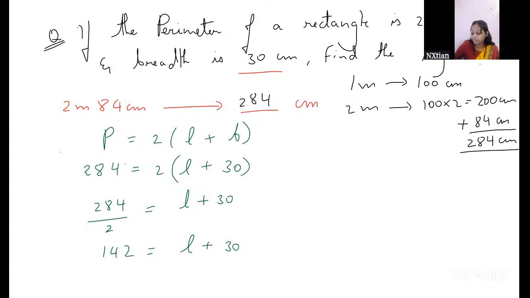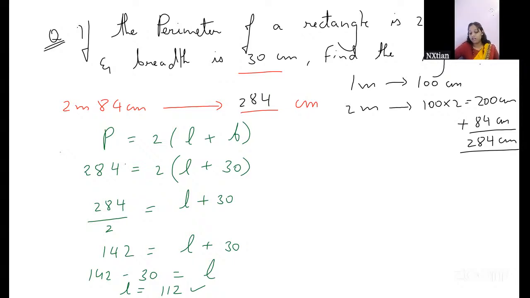Right. Ma'am, I also got 112. Yes. So 142 minus 30, L we have 112. 112 is the answer for this length.